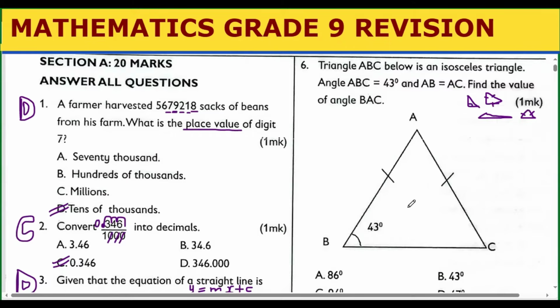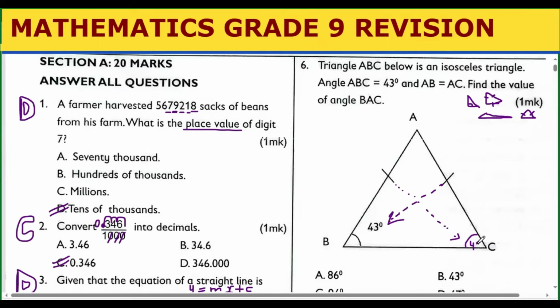So what we are going to do is extend this line, pointing to this angle here. So this angle here is equal to this angle here. So if this is 43, even this one is 43.